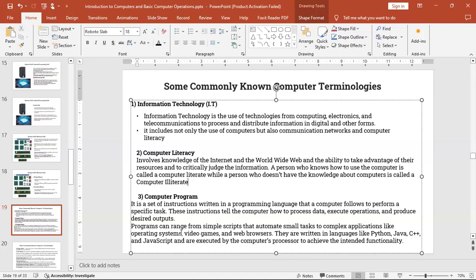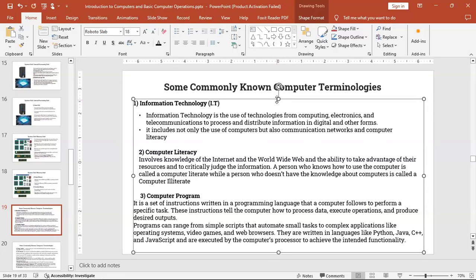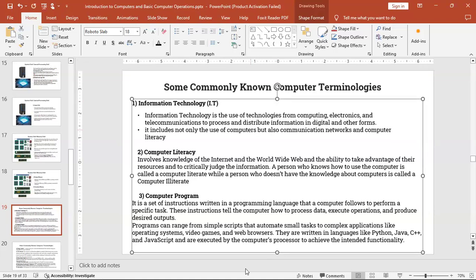Some are open source. We have ChatGPT that we use every day. We have DeepSeek that has come now to overthrow ChatGPT. Those are computer programs that were written using computer programming languages. Very, very complex stuff that you cannot understand with plain English. So basically, that's what a computer program is.